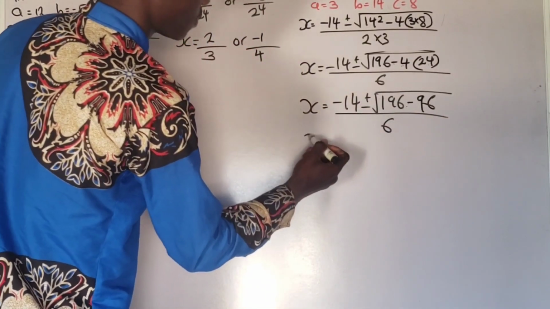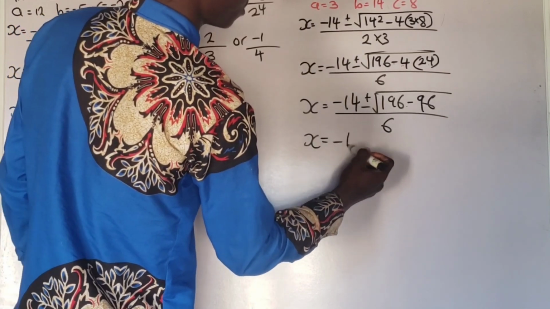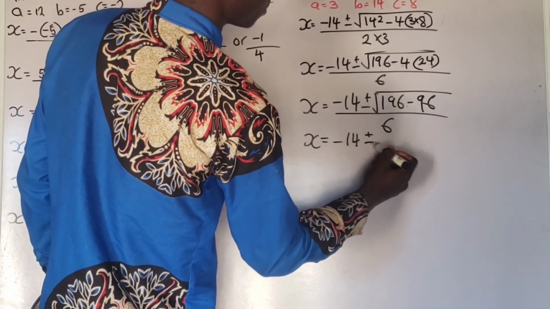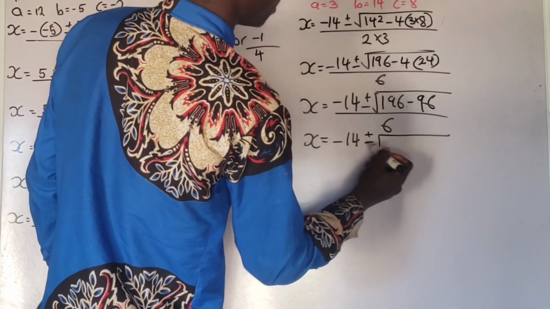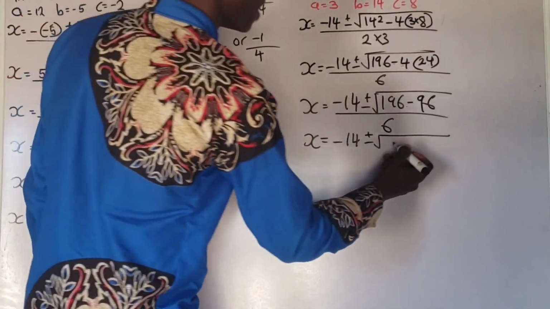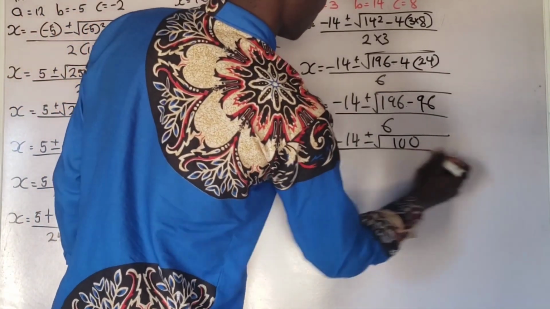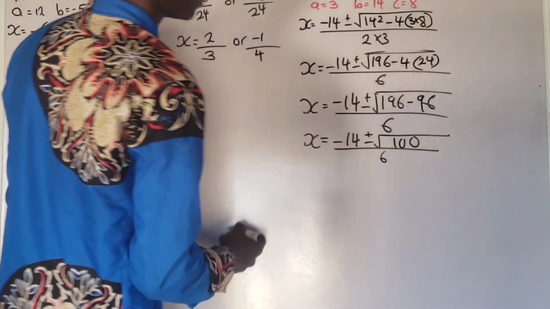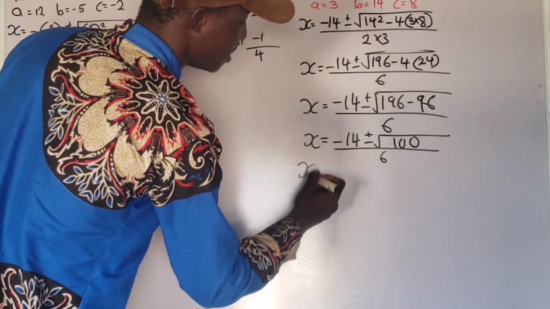Now, from this point, we're going to have x equals minus 14 plus or minus the square root of 196 minus 96. That is 100. So I'm going to have 100 all over 6. Now, here I'm going to separate the signs.